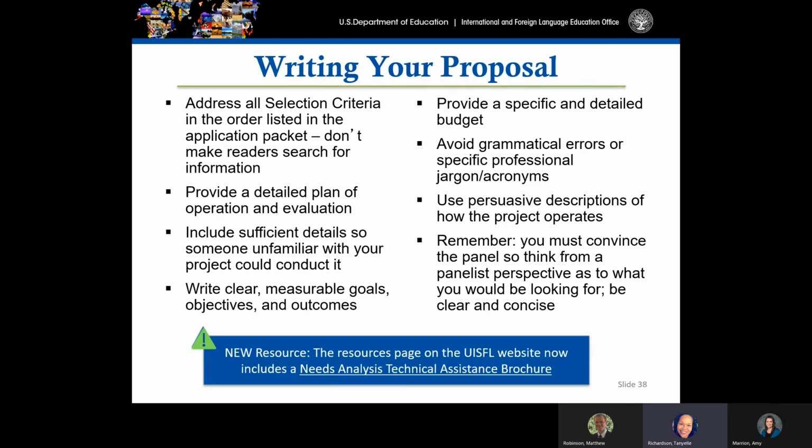Writing your proposal, again, this is a recommendation, not an exact science situation, but we always encourage you to please address each and every selection criterion in its entirety. Don't assume that you're from a known institution, that they know all about who you are and why useful is important.